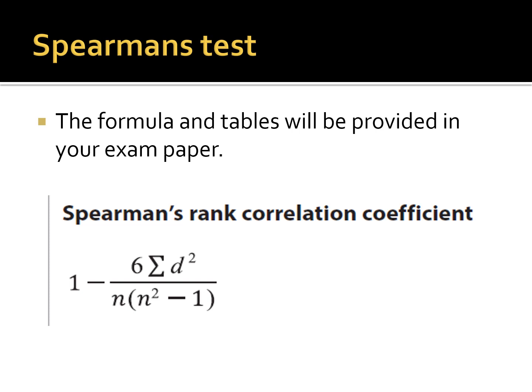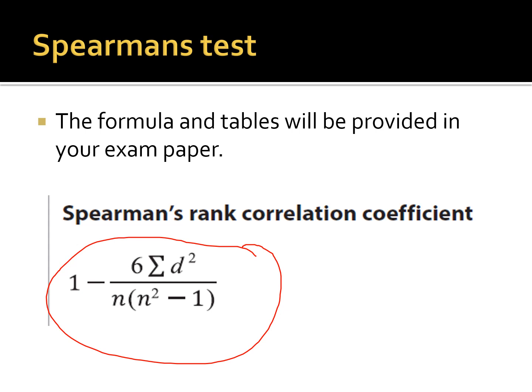The formula and tables are provided in your exam. There is a table given to work this out, to a certain extent. However, this is one of the few formulas where you are going to have to do a little bit of substitution into the formula.